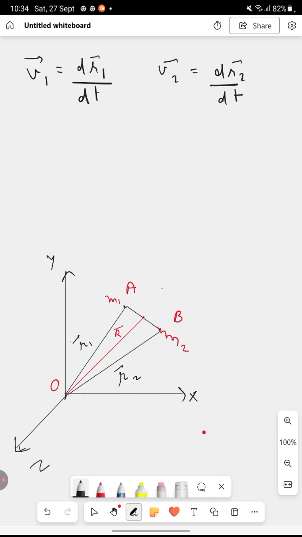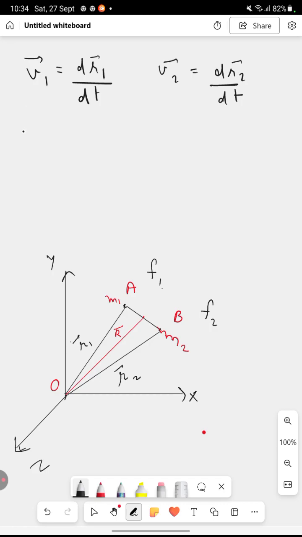Here an external force F1 is exerting on A, and F2, an external force, is exerting on B. These two masses are also exerting some force on one another.